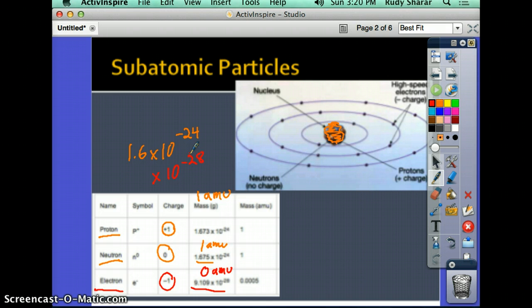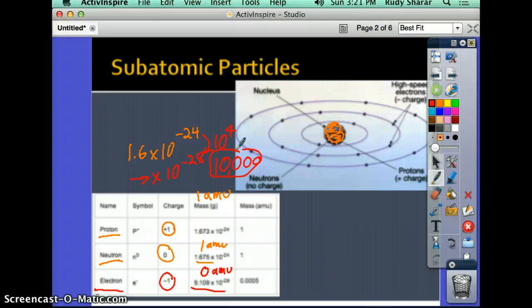So this number, the mass of the electron, is much, much, much smaller than the mass of the proton and the neutron. A difference of 10 to the 4, which, if we wrote as a number, is 1 with 4 zeros. It's about 10,000 times smaller in mass, or lighter, than that of a proton or a neutron.